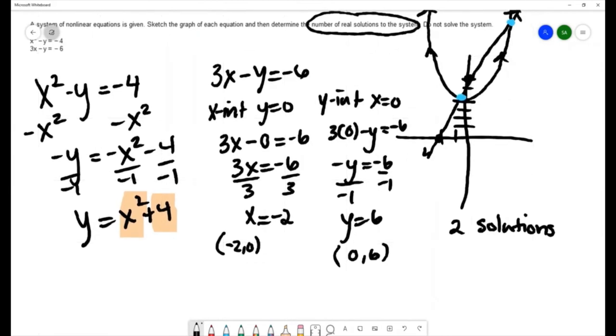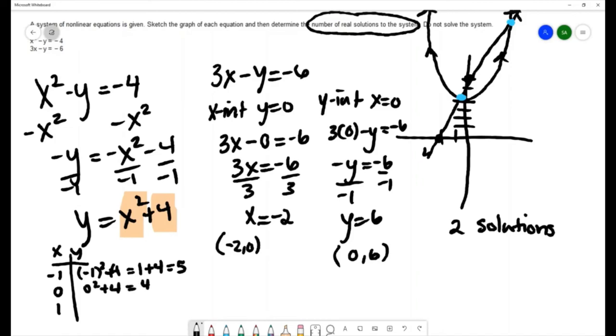So I can make a quick chart here of x's and y's, and I'll use -1, 0, and 1. And substitute that into our equation to get the y coordinates. I have -1 squared plus 4 would be 1 plus 4 is 5. 0 squared plus 4 is 4, and 1 squared plus 4 is 5.